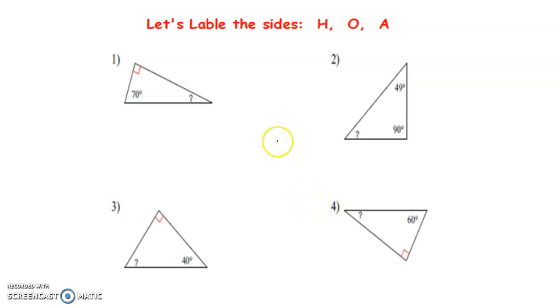Okay, so let's talk about labeling. HOA. Now, when we start labeling our sides, H stands for hypotenuse, and that is always across from the right angle. O stands for opposite. A stands for adjacent.